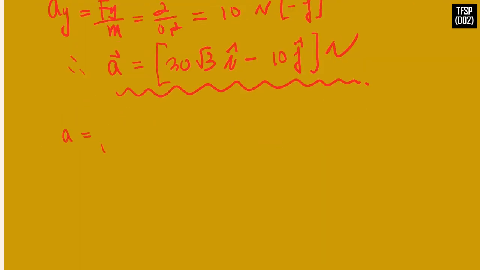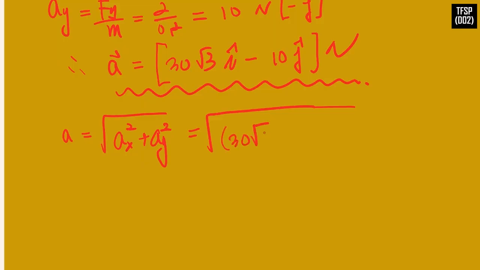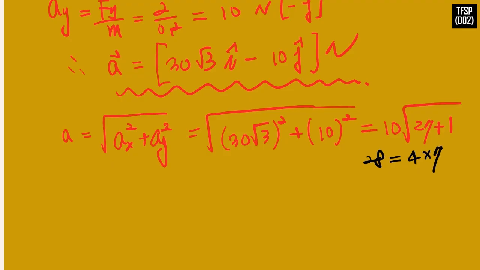A equals root of ax squared plus ay squared, equal to the square root of 30 root 3 squared plus 10 squared, equals 10 times the square root of 27 plus 1, equals 10 root 28, equals 20 square root of 7 meters per second squared.